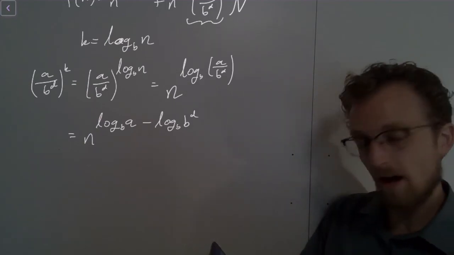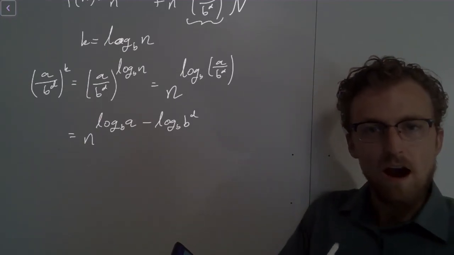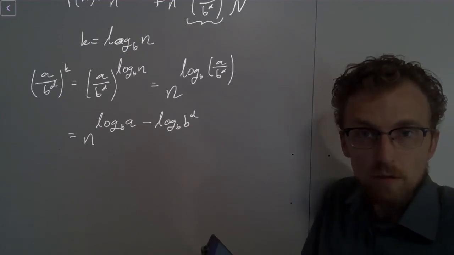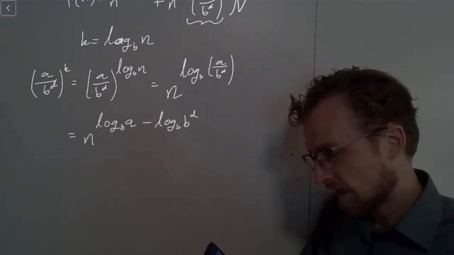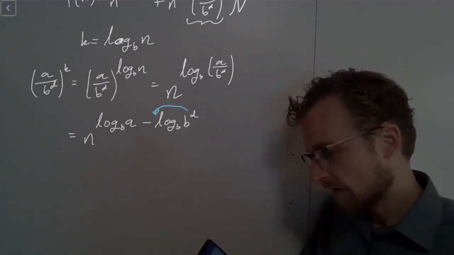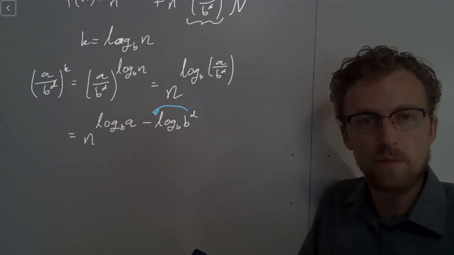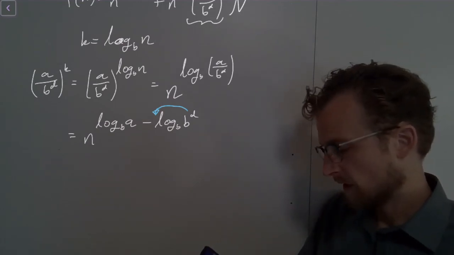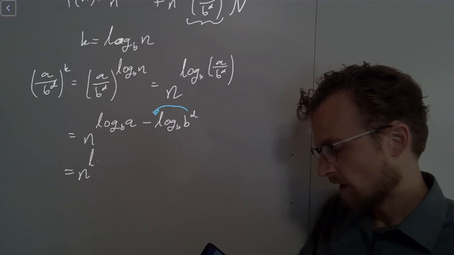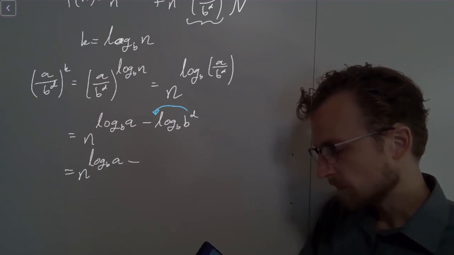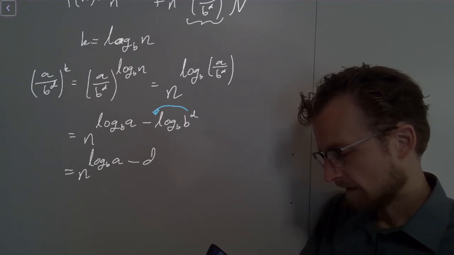Well, now here I've got a log base b of b to the d, which just equals d, right? I can take the d and put it out in front, and then I just have log of its base, which is 1. So this equals n to the log base b of a minus d.